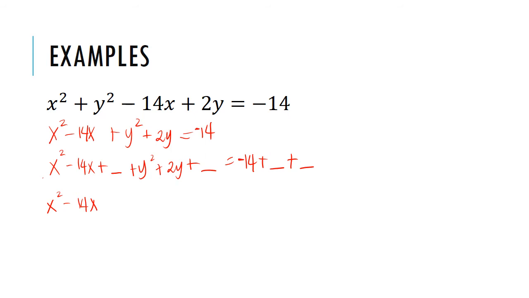Okay. Sorry po. So, positive 2y, negative 14. Negative 14 divided by 2, negative 7. Negative 7 squared is positive 49. 2 divided by 2 is 1. 1 squared is 1. So, kung ano yung in-add natin doon, add din natin sa kabila.